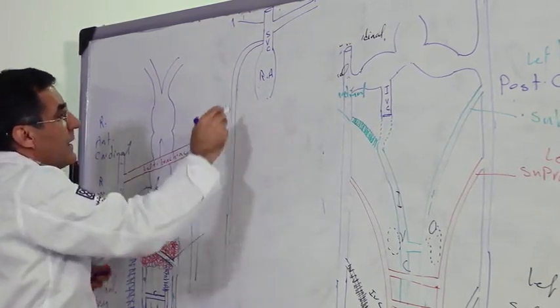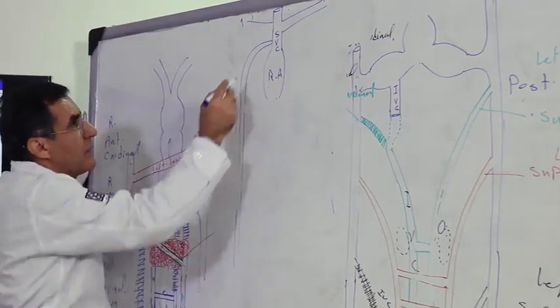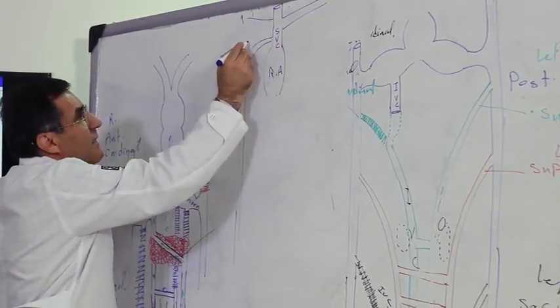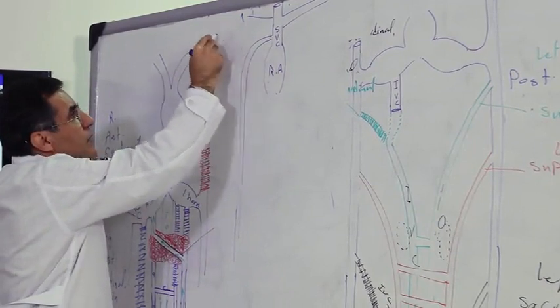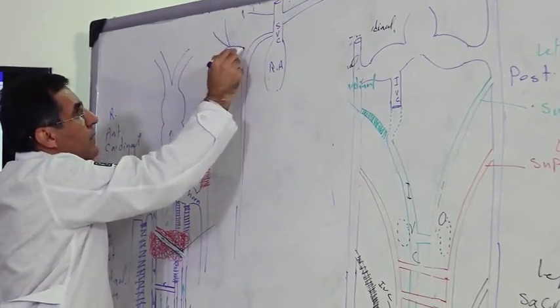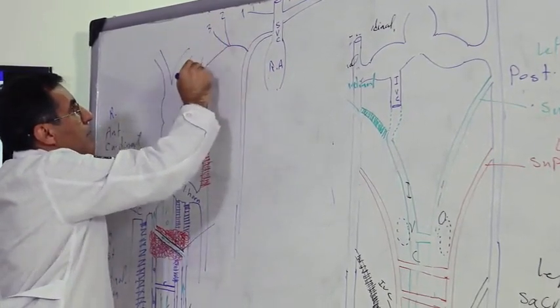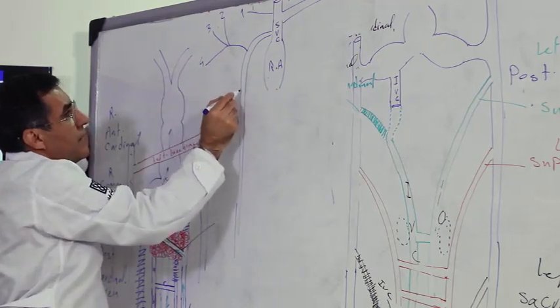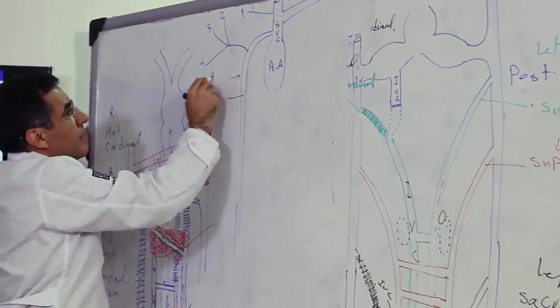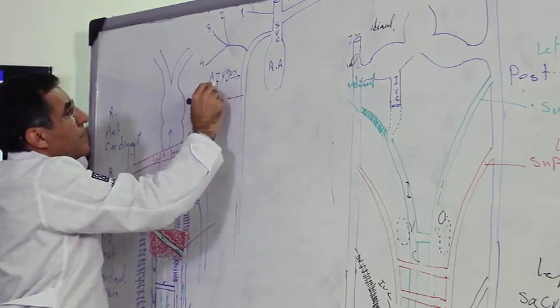Before drainage of the SVC to the right atrium, the SVC receives one vein. This is the azygos vein.